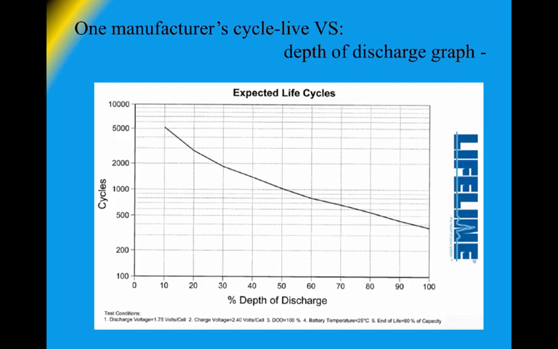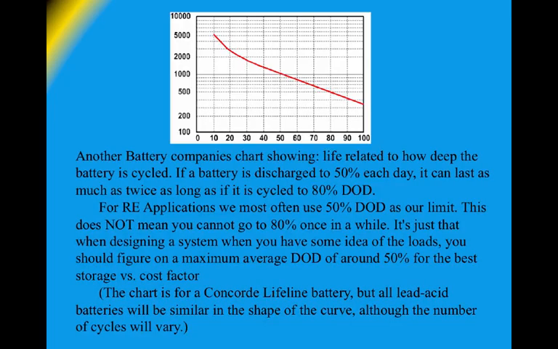And at an 80% depth of discharge, we're only getting modestly more than 500. So you can see the value of moving to a lower depth of discharge in our cycle of the batteries. It's going to give us nice life.